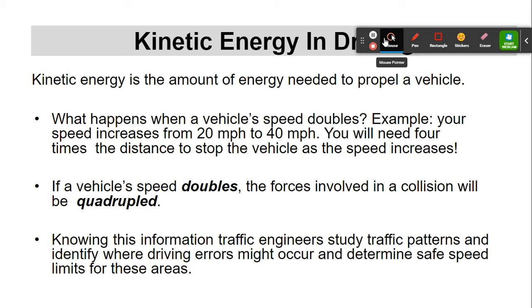Not 2 times the distance, but 4 times the distance. Now, why is that? If a vehicle's speed doubles, the force involved in a collision will be quadrupled. The reason is because of kinetic energy and physics. Knowing this information, traffic engineers study traffic patterns and identify where driving errors might occur and determine safe speed limits for these areas.